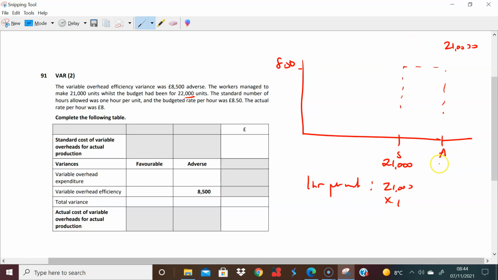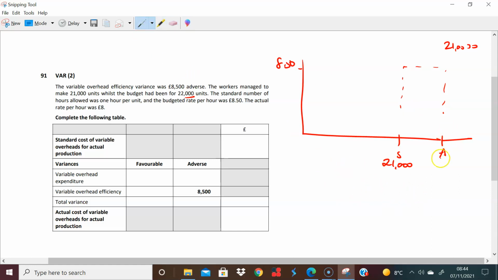So I have enough information now to conclude this. The first thing they've given me is 8,500 adverse. We're almost filling in gaps here.